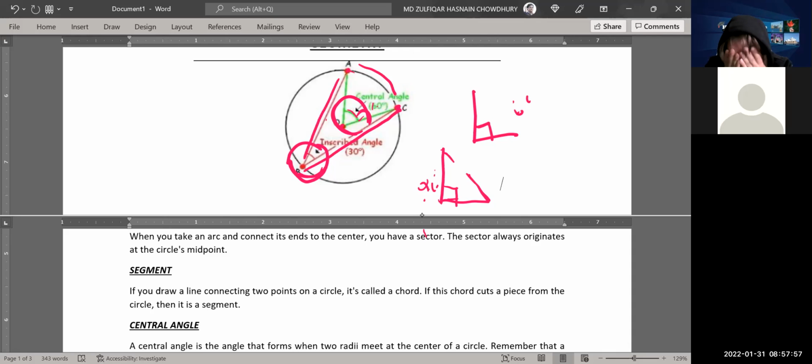The inscribed angle is half the central angle, and the central angle is double the inscribed angle. Very good. Now, if you can remember these terms and the fact, I am going to give you one sum to solve, and I believe you'll be able to do that. Okay. Let me give you.